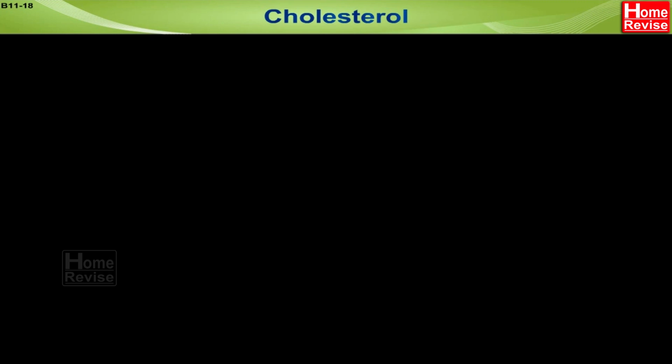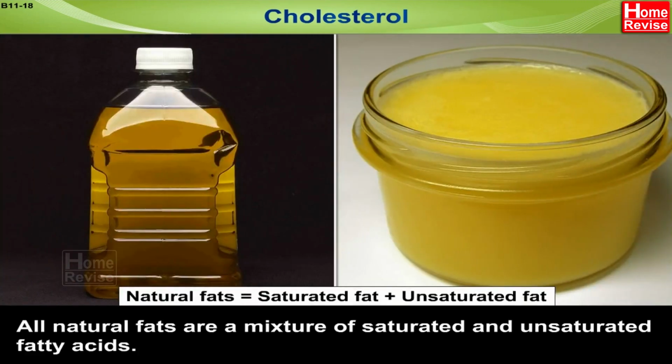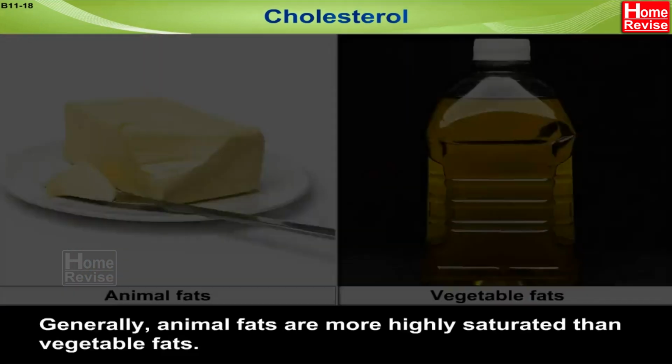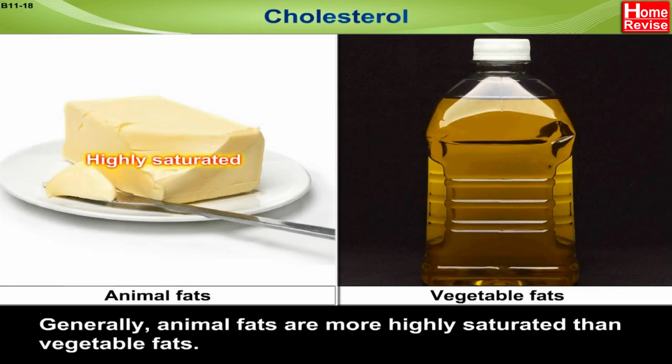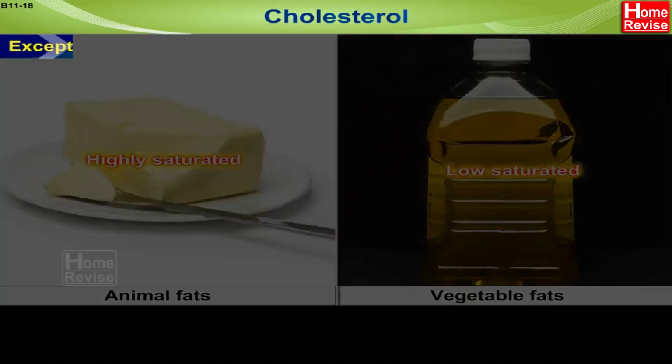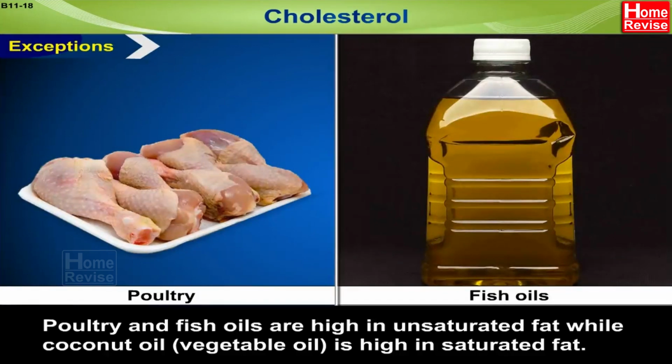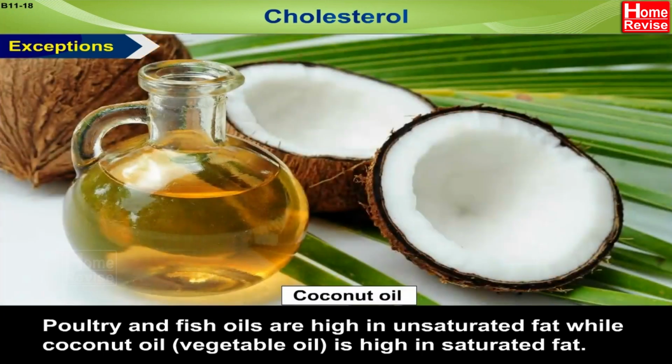Cholesterol. All natural fats are a mixture of saturated and unsaturated fatty acids. Generally, animal fats are more highly saturated than vegetable fats. Exceptions: poultry and fish oils are high in unsaturated fat, while coconut oil, that is vegetable oil, is high in saturated fat.